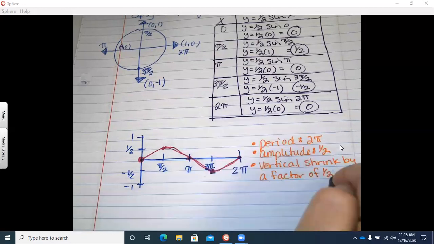So that basically means your amplitude is half of what it was in your parent function. On the last one, your amplitude was 2. It was a vertical stretch by a factor of 2. Your amplitude was twice the amount of what it was in the parent function.